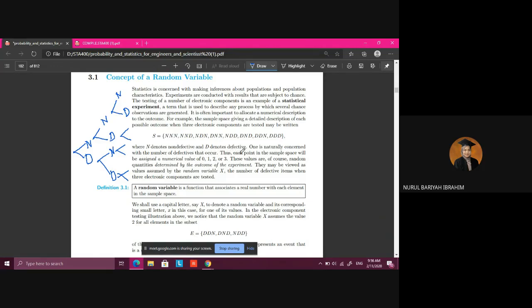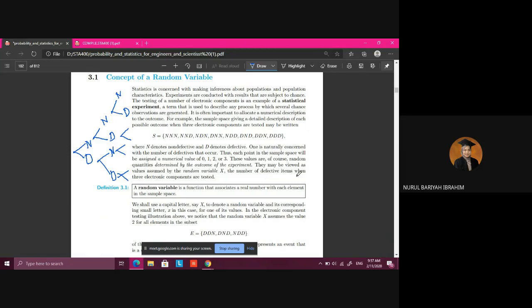Each point in the sample space will be assigned a numerical value of 0, 1, 2, 3. These values are, of course, random quantities determined by the outcome of the experiment. They may be viewed as values assumed by the random variable X. So the random variable X here is the number of defective items.